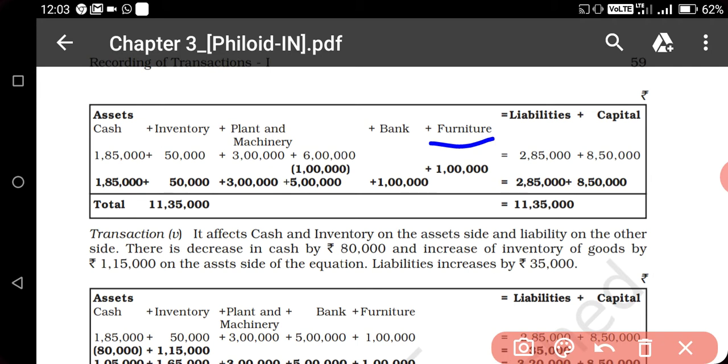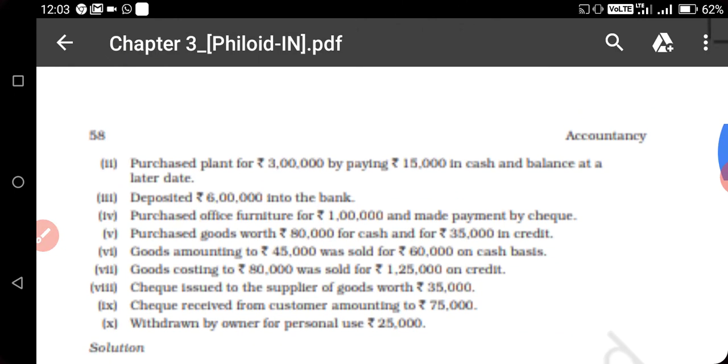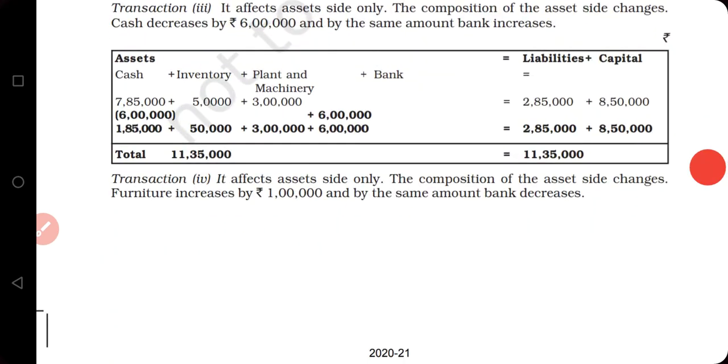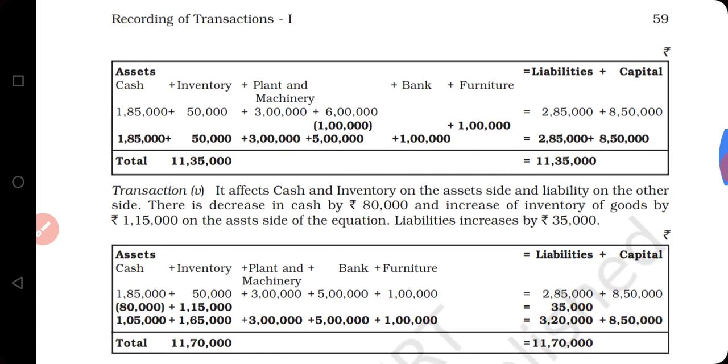And see, we are making the payment by bank. So under the bank title, you will reduce. Sorry, I will read again. Fourth, purchase furniture rupees 1 lakh and made payment by check. So we will write here furniture 1 lakh, and in the bank balance we will write minus 1 lakh, not plus.